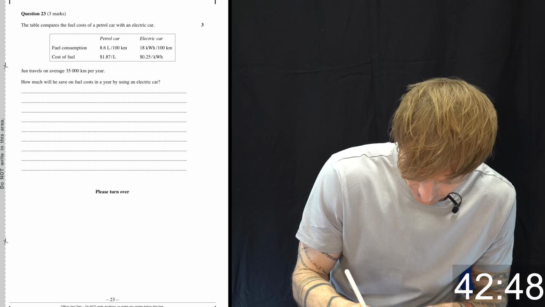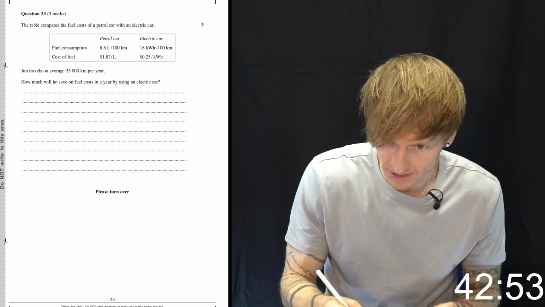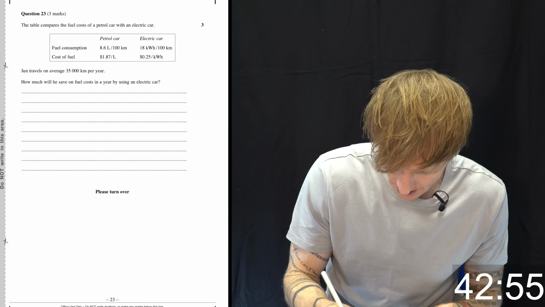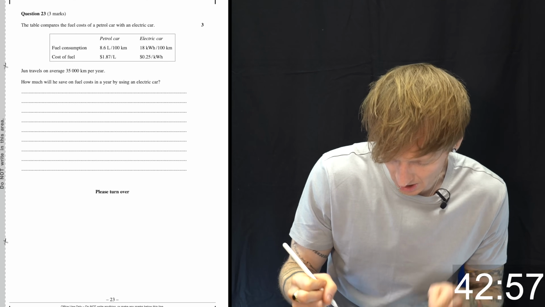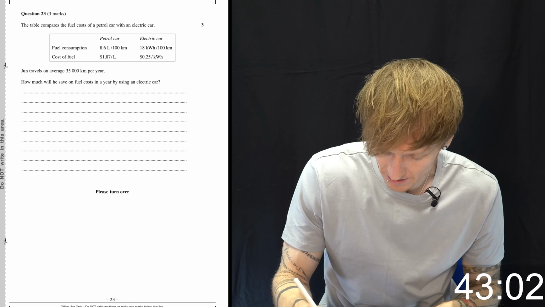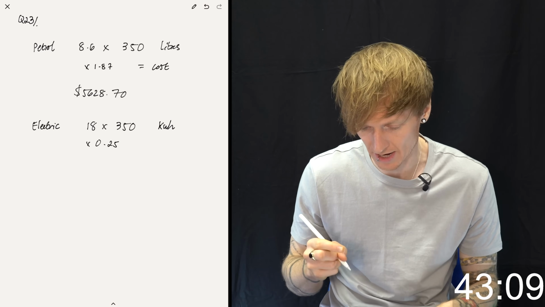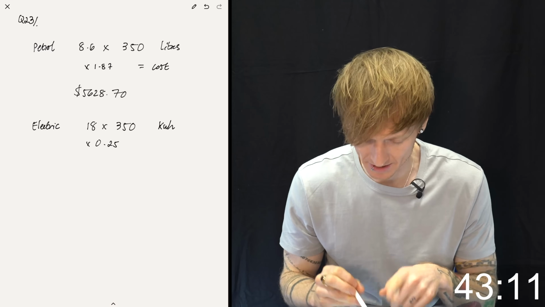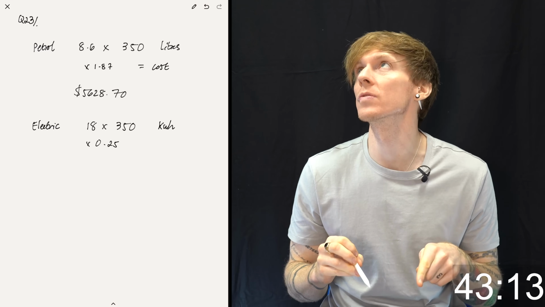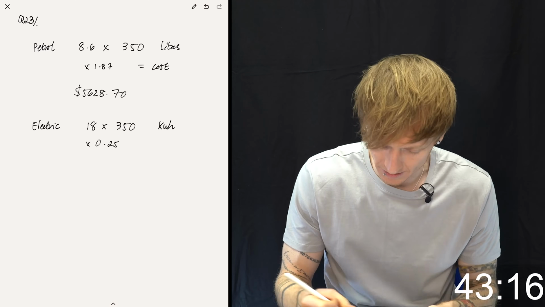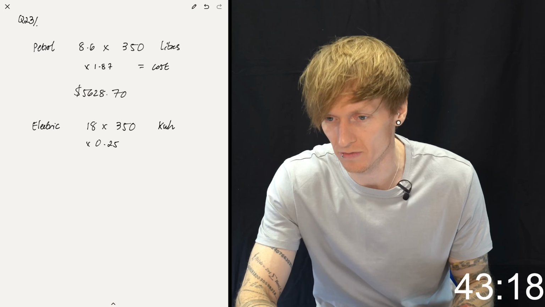Now, electric, same idea, but for every 100 kilometers it's 18 kilowatts. So it's 18 kilowatts times 350 lots of 100 kilometers. That gives you the kilowatt hours, and then multiplied by 0.25. Great. So we can simplify that because 18 times 0.25 is 4.5. So it's 4.5 times 350.